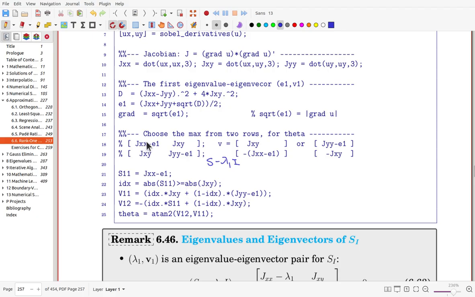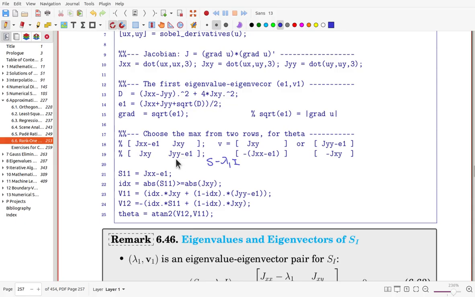So we are comparing these two, and we try to choose the larger one. The index is found. By using this index, we get a linear combination, so that pointwise, if this one is larger than that one in absolute value, then this one is chosen. If this is larger, then that must be chosen.